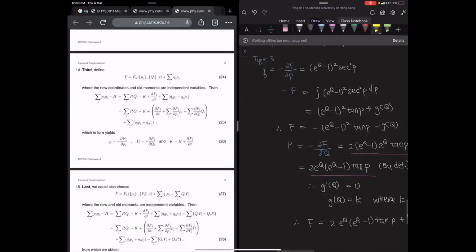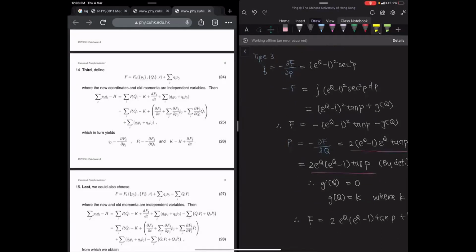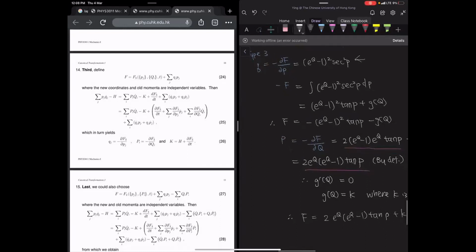So now I've highlighted the words for type 3 in blue. So to find F, we integrate using this equation with respect to P.